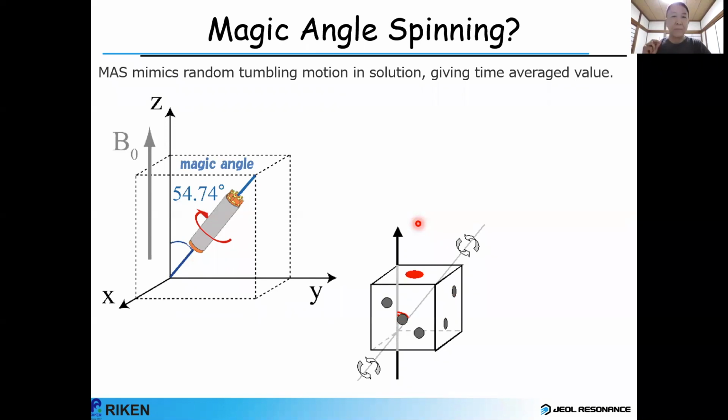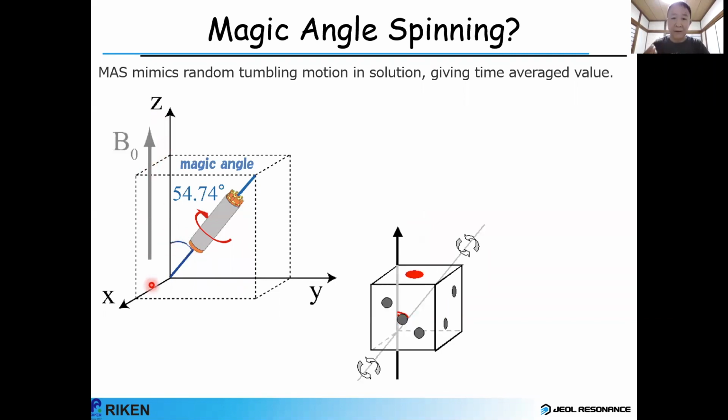I think most of you already know what magic angle sample spinning is. Magic angle sample spinning is widely used in solid state NMR. If you spin your sample along this axis, that makes the magic angle from the magnetic field.